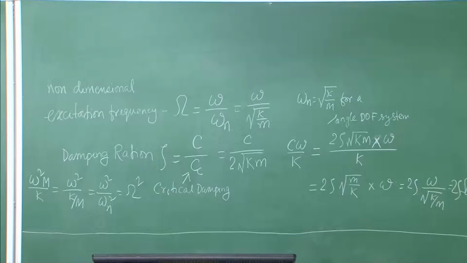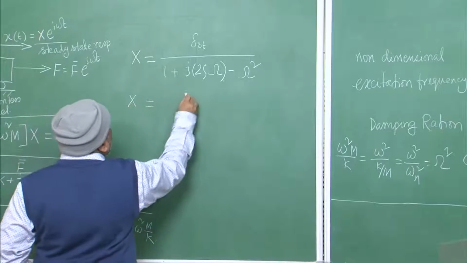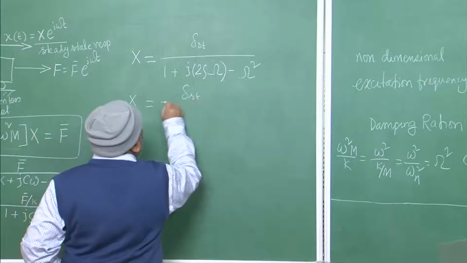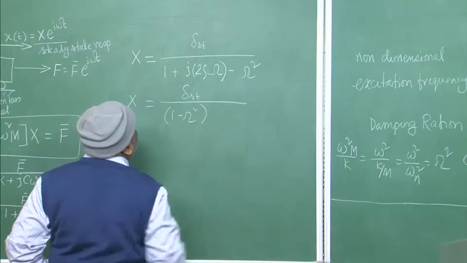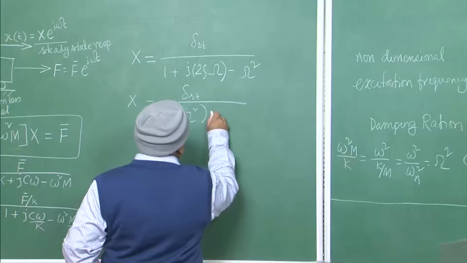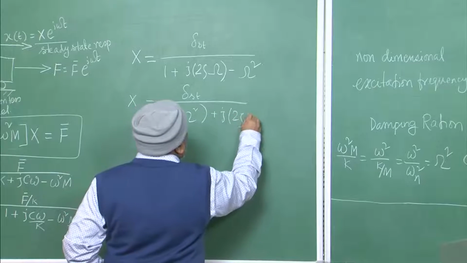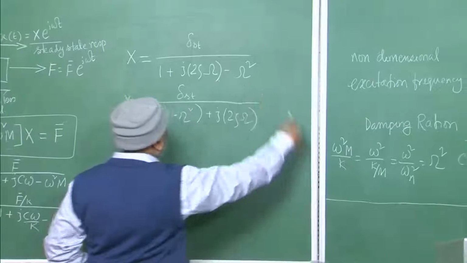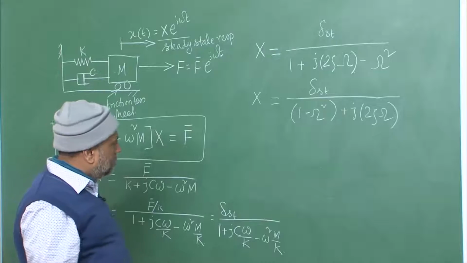So, x equals delta static over 1 minus omega square, that is one part, plus j 2 zeta omega. That is the response that we are getting from the system.